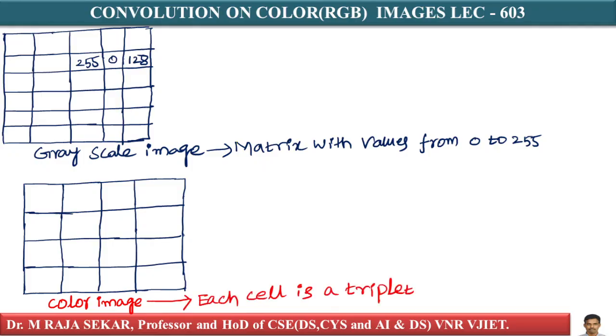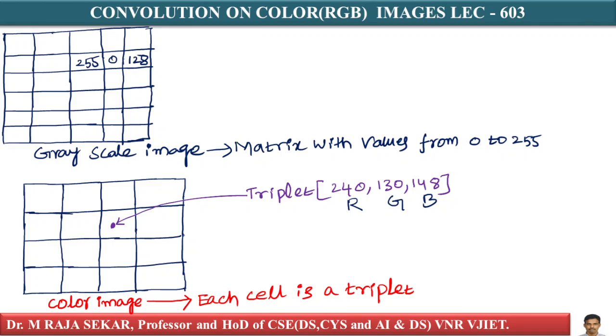In the case of a color image, in each cell you have a triplet, whereas in a grayscale image, in each cell you have only a single number, like 255, 0, 128. In a color image, each pixel is represented by a triplet, something like 240, 130, 148. I request all of you to understand this difference.